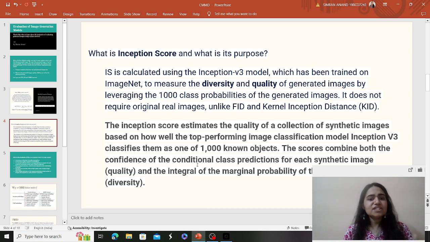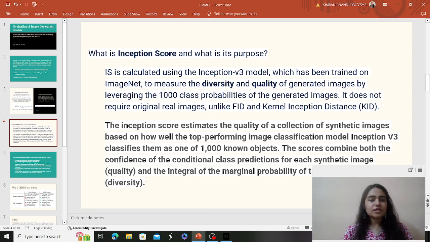Why 1,000? Because ImageNet leverages 1,000 class probabilities, so it's the 1,000 class probabilities of generated images. The score combines both the confidence of the conditional class predictions for each synthetic image, which is quality, and diversity, the integral of the marginal probability of the images.